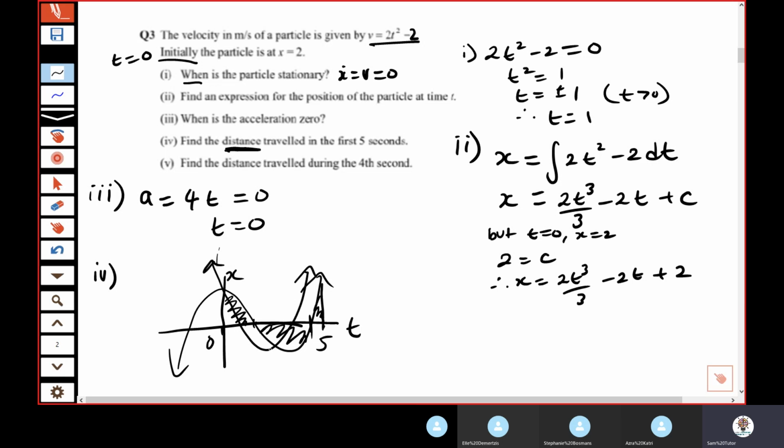I lost it. I just want to make sure I'm not going to say something wrong. Going down is for integration, going up is for differentiation. So intercepts become stationary. Stationary becomes a point of inflection.